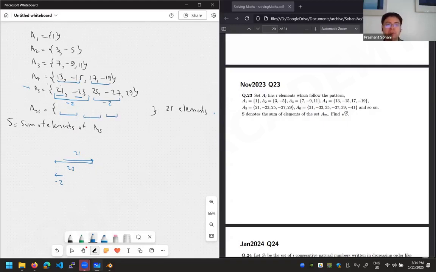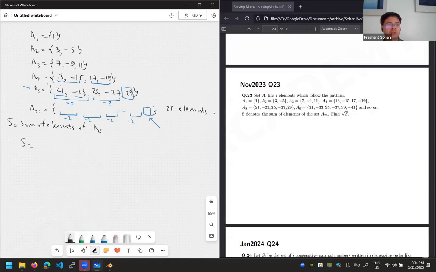So in my 25 elements, how many such pairs will I have in total? I'll have 12 pairs whose answer is -2, and then one last element will be remaining which doesn't have any pair. Like how for A5, the last term did not have any pair, but before that everything got paired up. So the sum S which I am interested in, I don't even need to find all the first terms because they are just going to cancel each other.